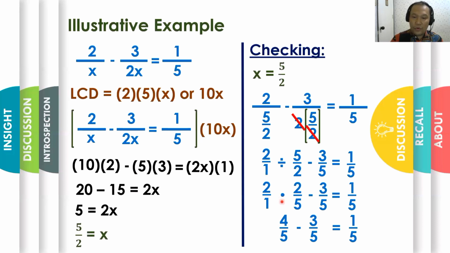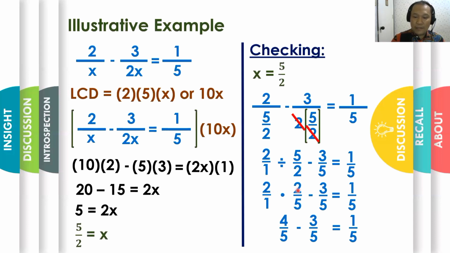Then if you change the operation to multiplication, you have to get the reciprocal, or the inverse, of the fraction. Therefore, that will become 2/5 minus 3/5 is equal to 1/5.